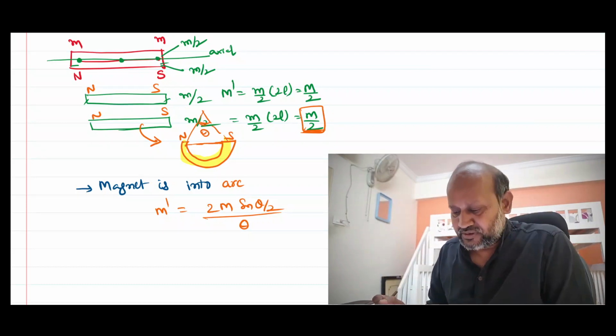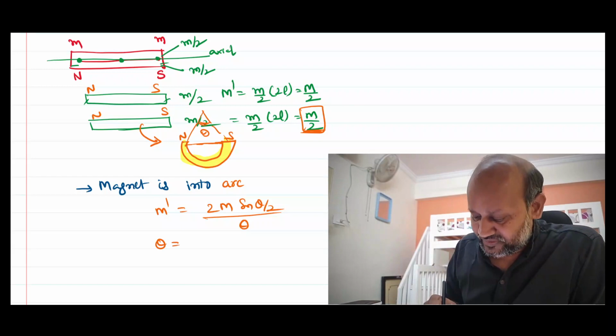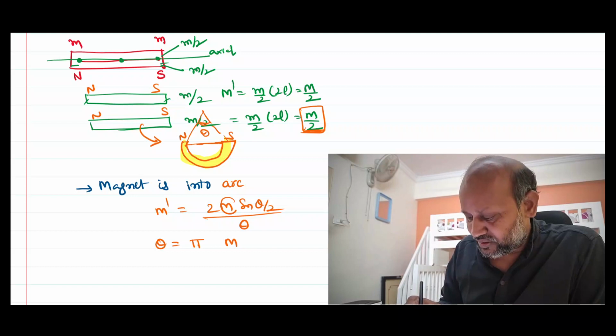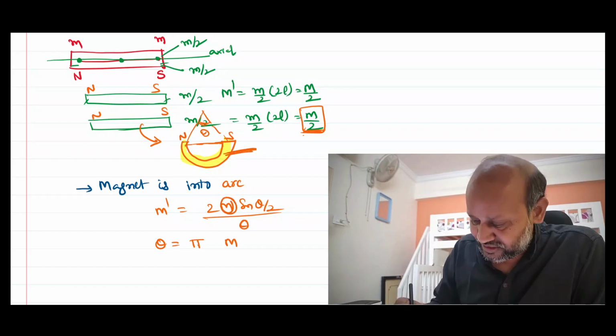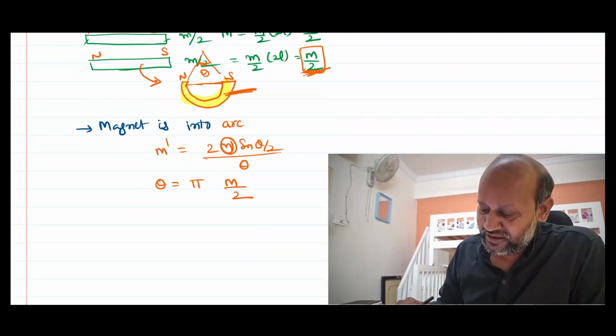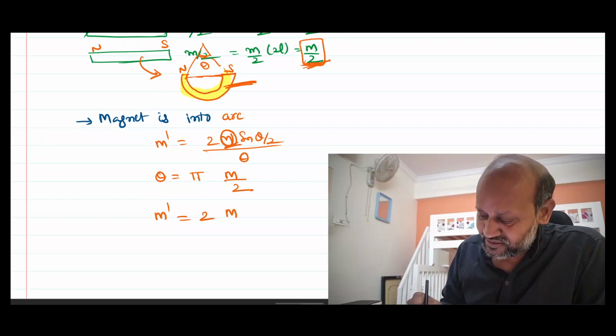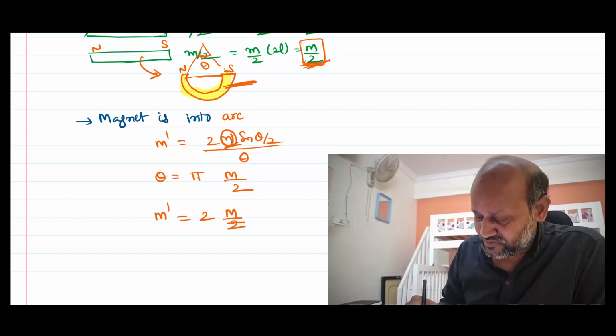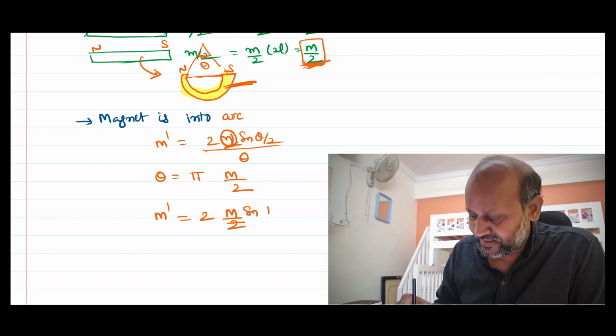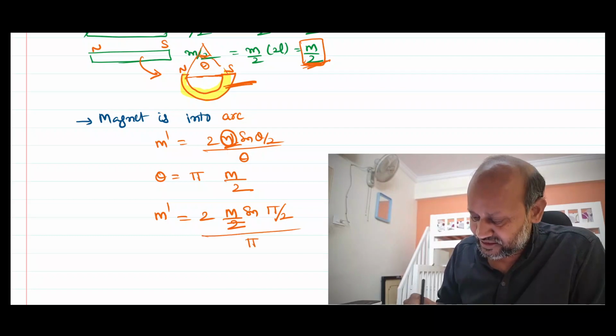Now, being a semicircle, the value of theta is pi. M is not equal to m here. This is not m because this is already a half magnet having a magnetic moment of m by 2. So for a half-circled magnet, the new magnetic moment M dash is 2 in place of m by 2, because we have taken only a half magnet, sine theta by 2, which is sine pi by 2, sine 90, by theta, expressed in radians as pi.